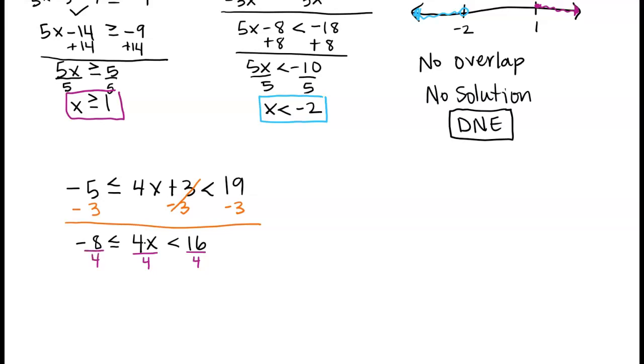When I do that, I get -2 is less than or equal to x, which is less than 4. Another way that I'd like to encourage you to think of it is that this really says x is between -2 and 4, and it includes -2.